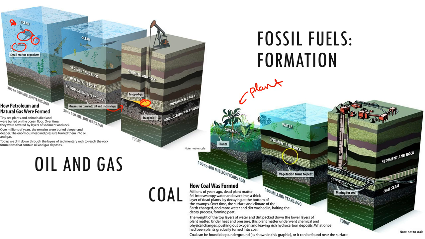The vegetation will turn into peat, and you may have heard of the peat bogs in Scotland and places like that where we get a lot of archaeological finds from the Iron Age and the Roman Age through the UK. The next stage from that peat is more time, more pressure, more heat, and that peat will turn into solid coal, which again is mined generally by putting down large mining pits and mechanical extraction.